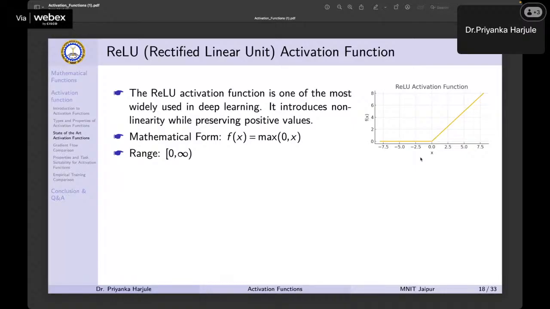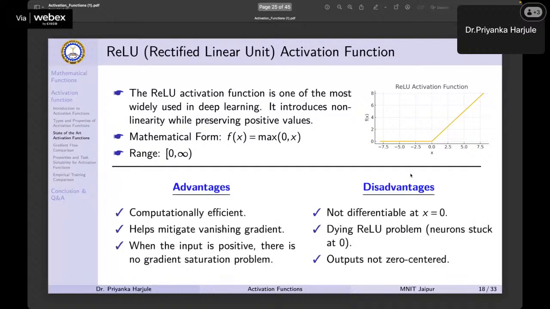This gives us the output zero. So it was deactivated using this ReLU function, the example that I gave in the beginning of this session. The main advantage here is that it is computationally efficient because there are no exponentials involved in the function.